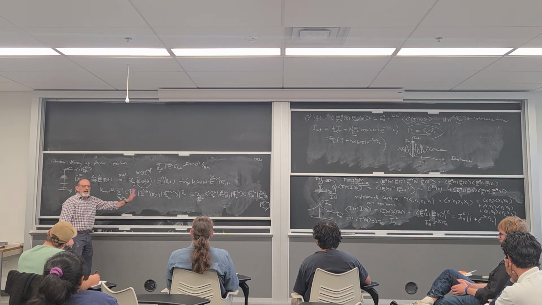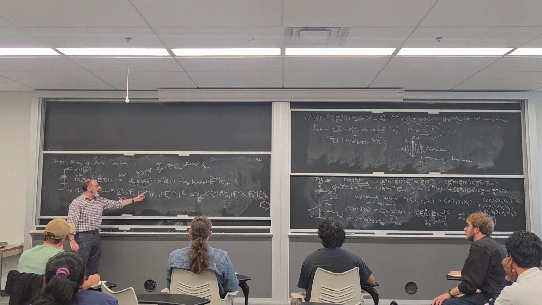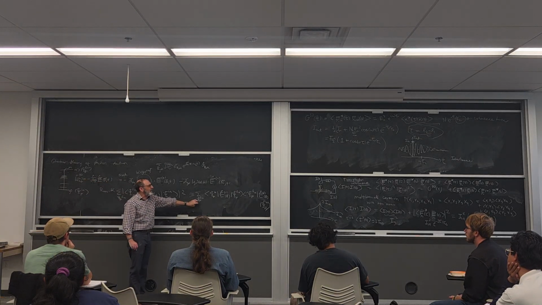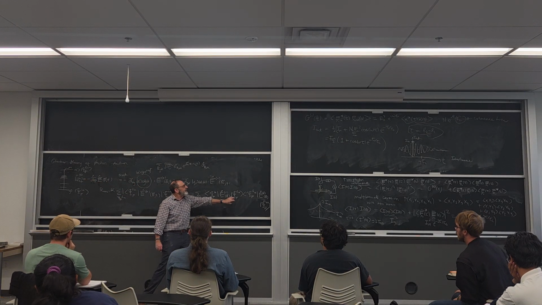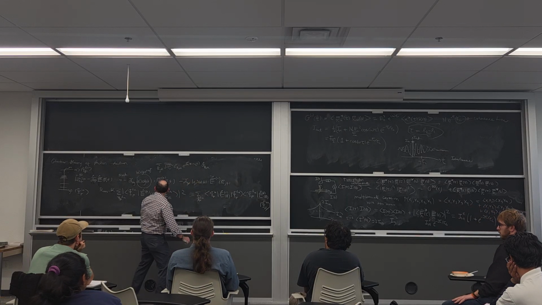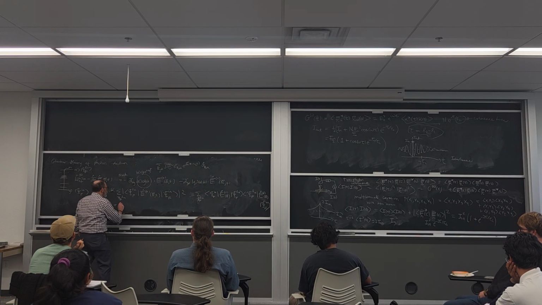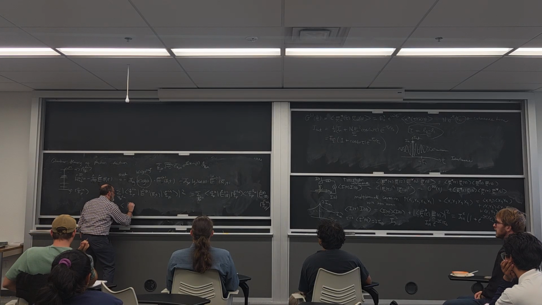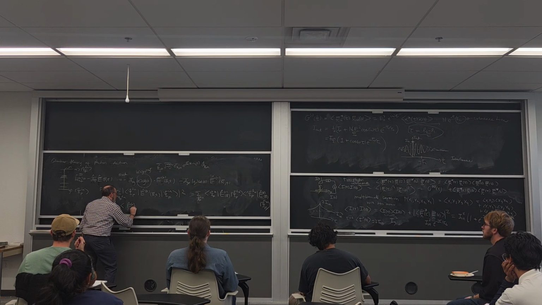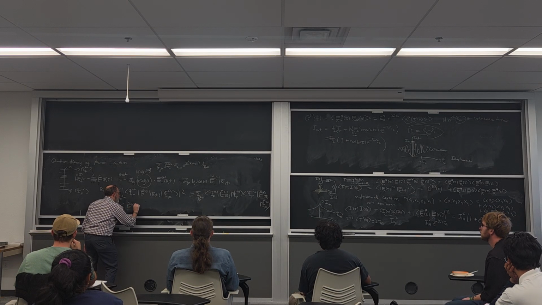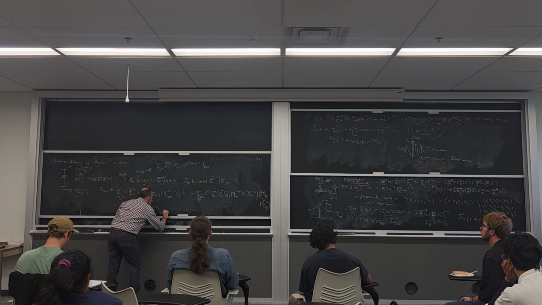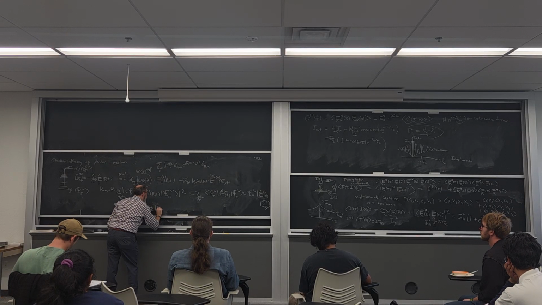I just wrote this times its complex conjugate, and when I did that, I turned E plus into E minus. Okay? Now, if this is the set of all possible fields, then this is a complete set, and I can bring it outside, and this thus is equal to the expected value of E minus at r, E plus at r, where the expectation value is over the initial state. Maybe I'll write it explicitly.